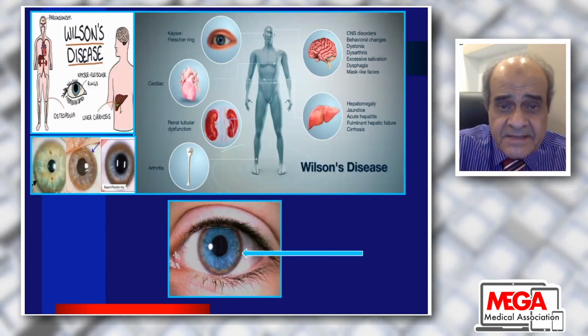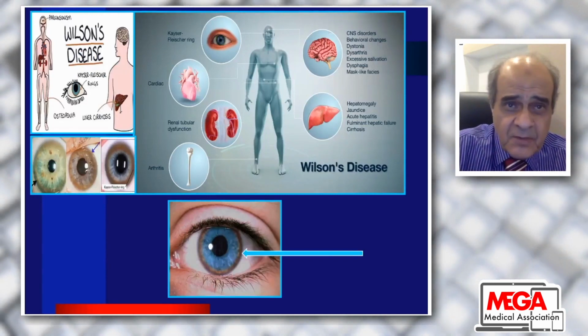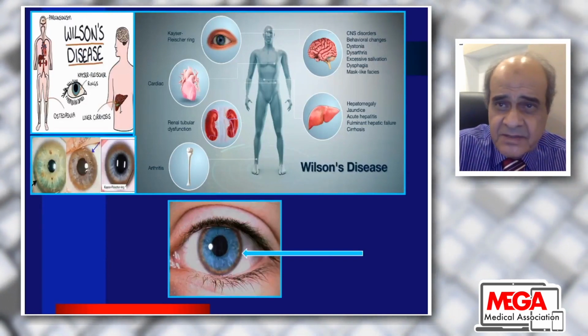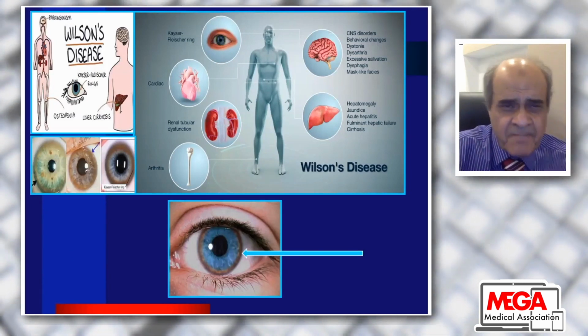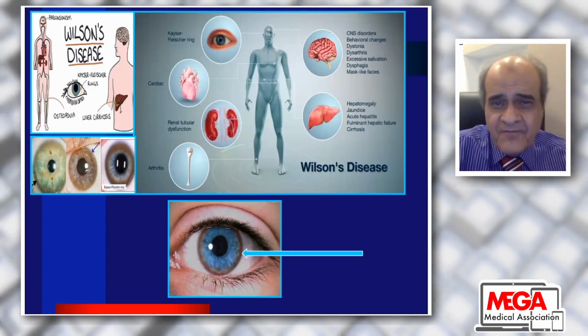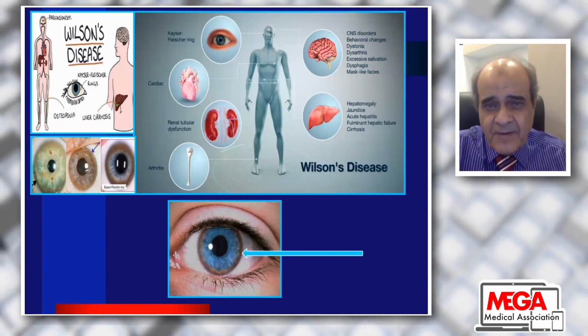This is a summary of Wilson disease, which develops from excessive copper, and those patients suffer from deficiency of the enzyme ATP7B, which facilitates the combination of copper with ceruloplasmin.